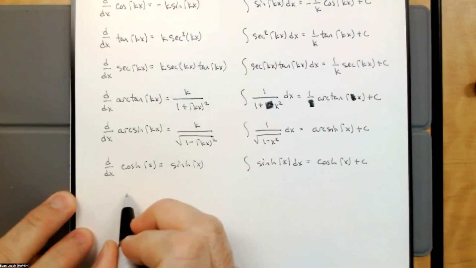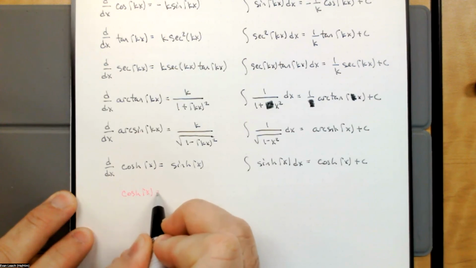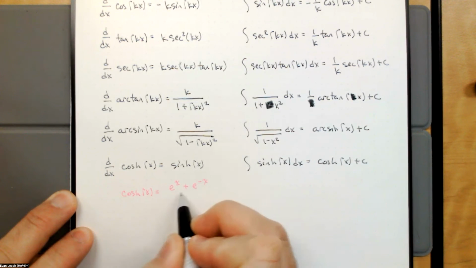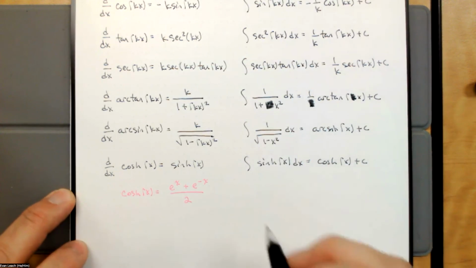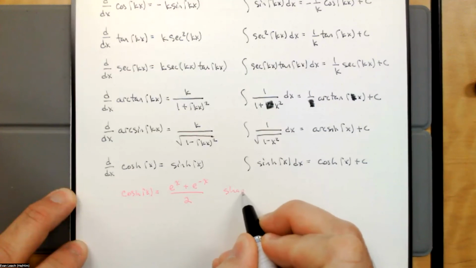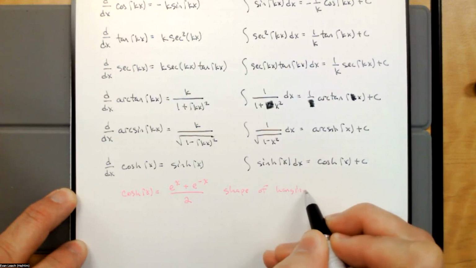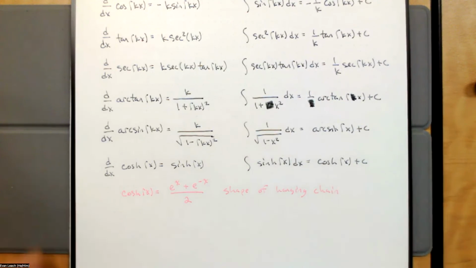So the hyperbolic cosine function is just the average of e to the x and e to the negative x. If you've got a chain suspended by two points and it's just hanging under its own weight, that's the shape you're going to get, a hyperbolic cosine.